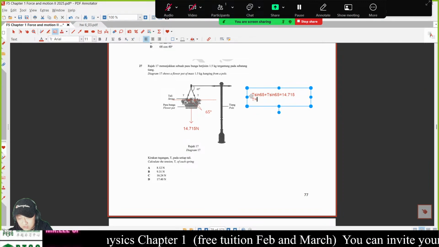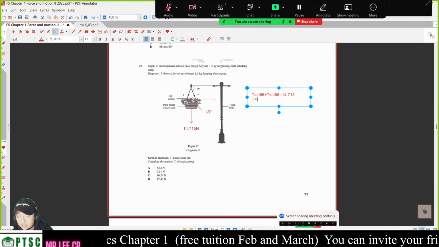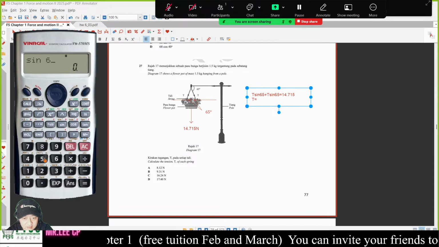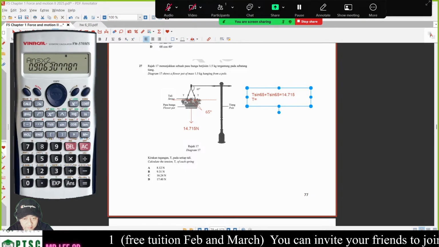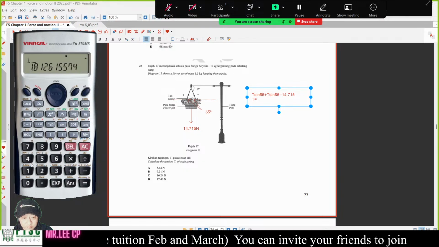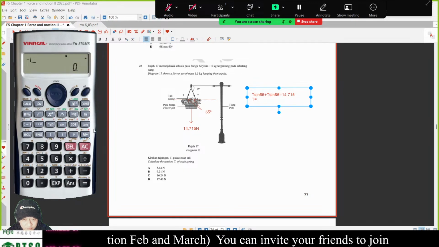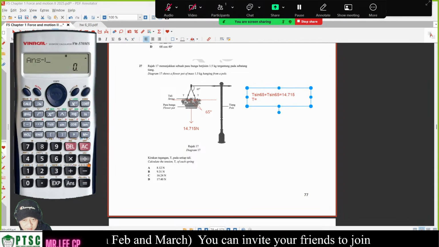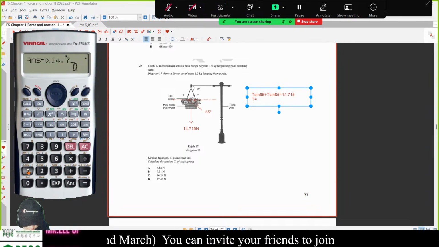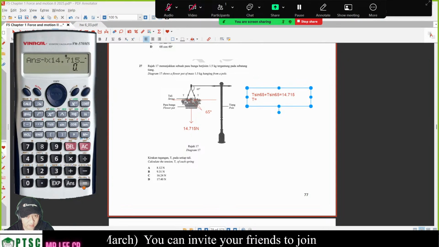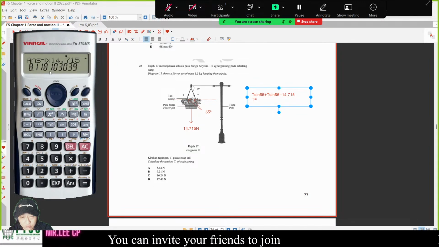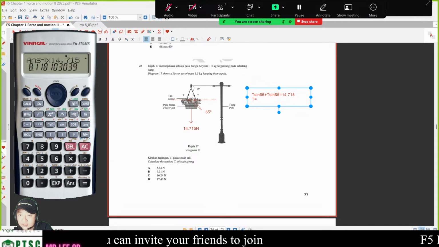So T is 14.715 over sine 65 plus sine 65, sine 65 times 2. Inverse first, then you times 14.715. The answer is 8.12. Okay, answer is A.